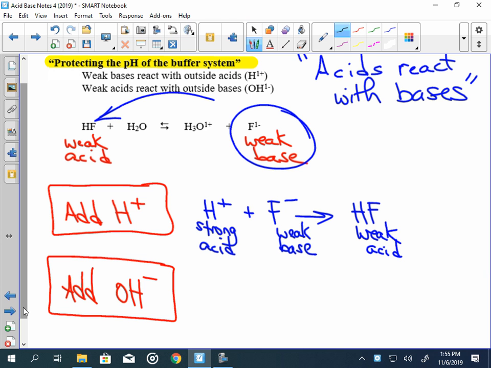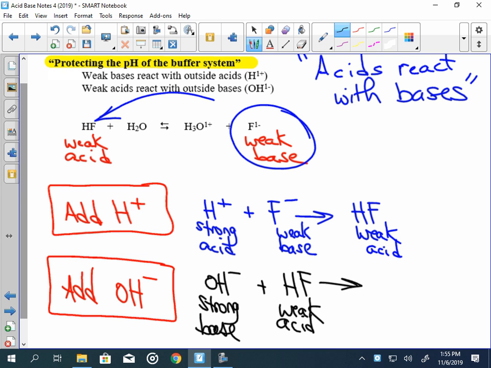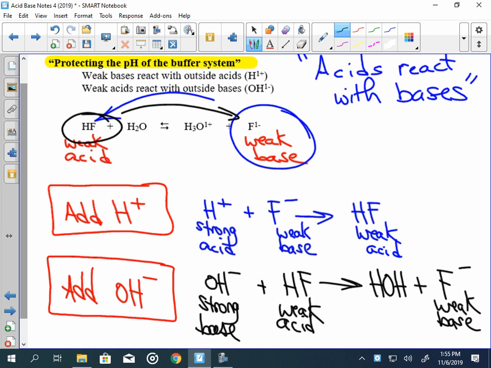The OH minus, being a strong base, is going to react with the weak acid, and that's going to produce HOH plus F minus, which is more of the weak base of the buffer system. So if we add base, it reacts with that and makes it into more of the F minus.